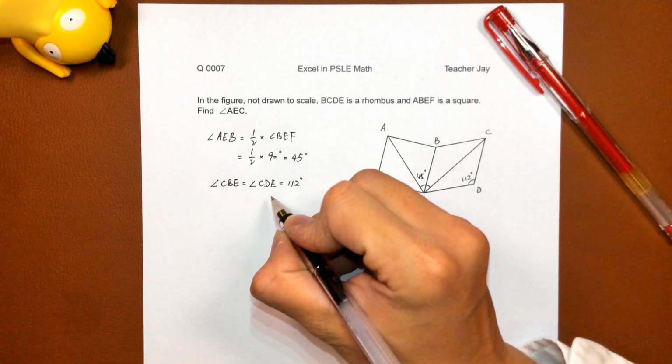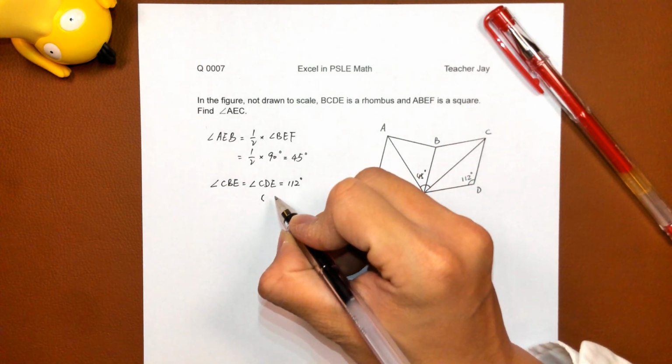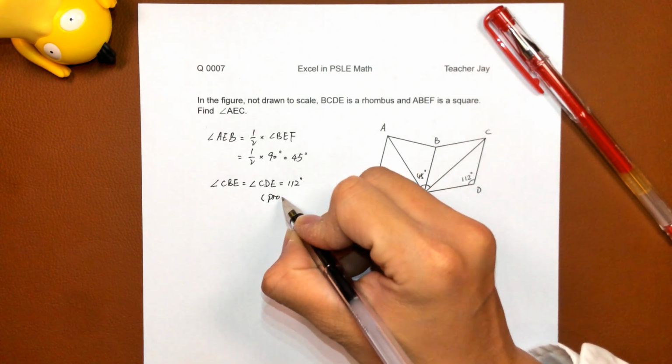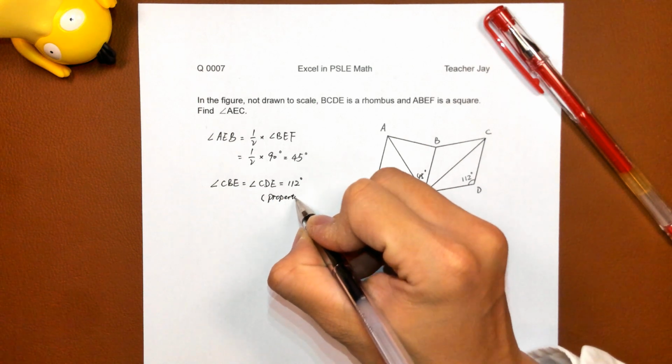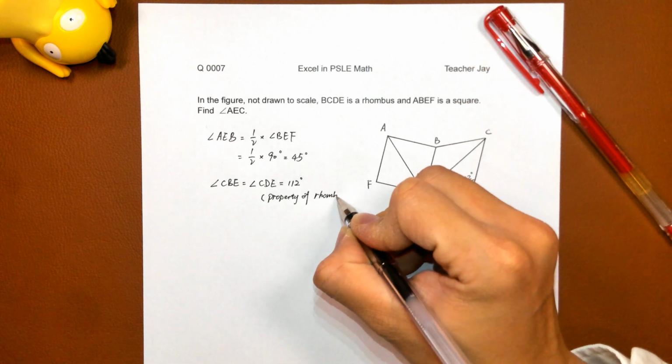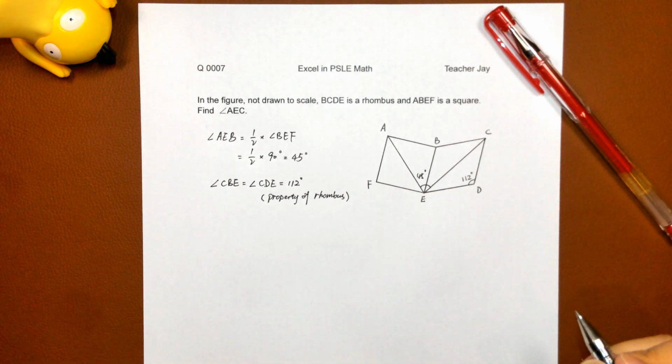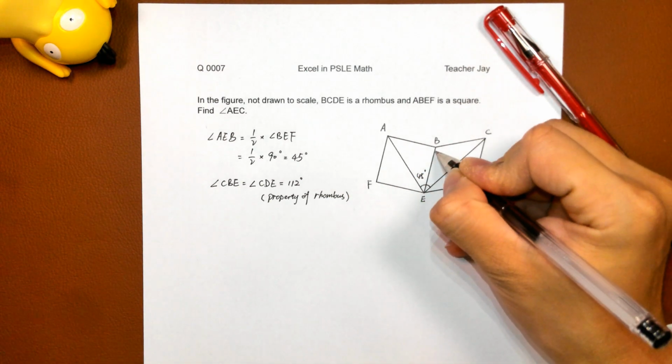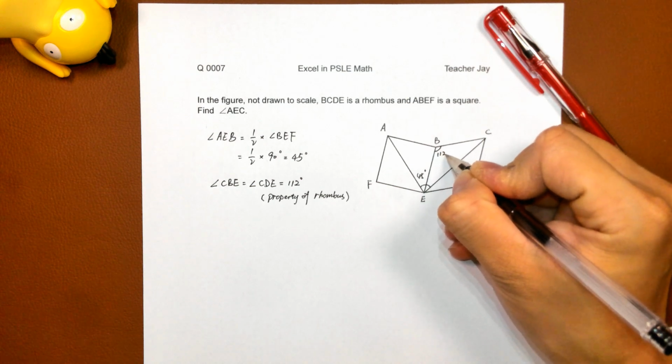This is the property of a rhombus. So 112 degrees here.